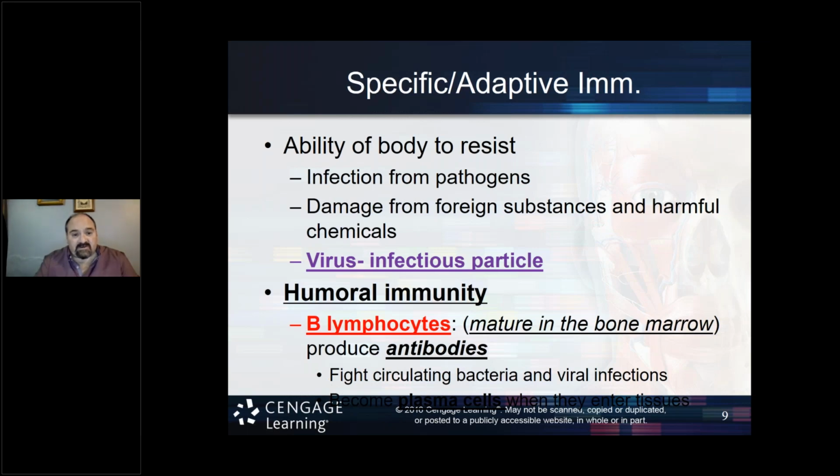All right, we'll see here. So know this: we would consider a virus an infectious particle. Is it really living? Viruses contain DNA or RNA strands, double or single stranded, depending upon the virus. They're infectious particles.